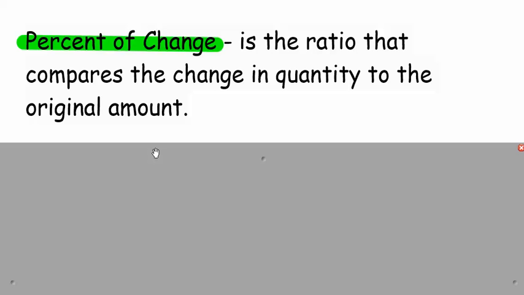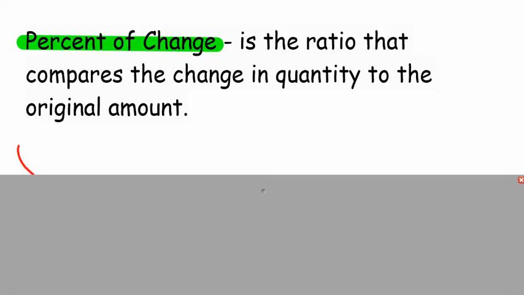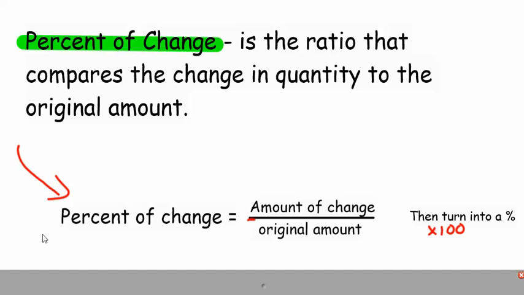Go ahead and write this down. Percent of change is the ratio that compares the change, the change in price or whatever quantity, to the original amount. So here's the formula: the percent of change equals the amount of the change, whether positive or negative.